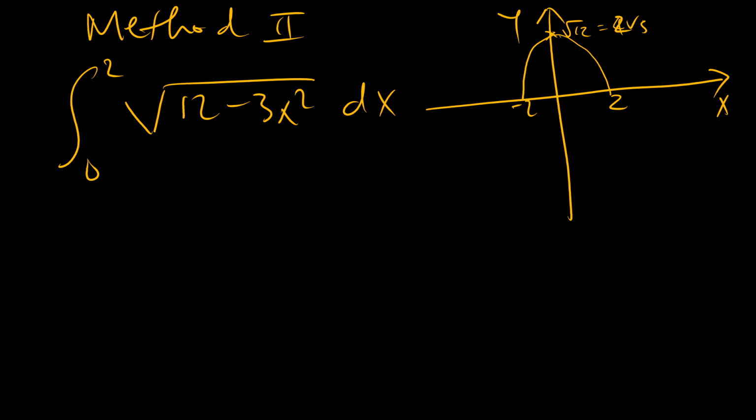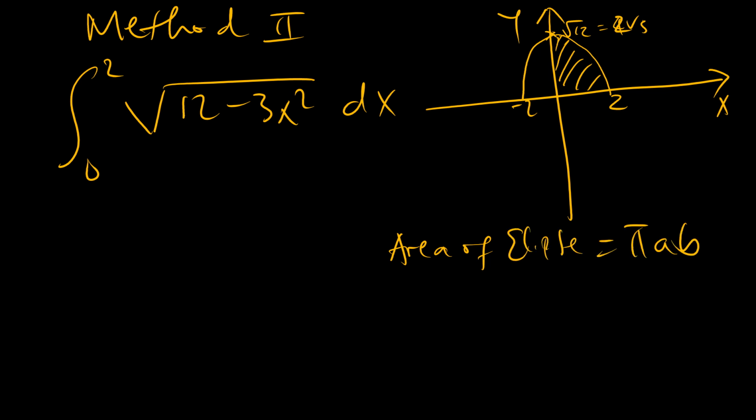So it's more of an ellipse, but because our integral is only a quarter of the ellipse, and we know the area of an ellipse to be equal to pi AB, and we see A is 2, B is 2 root 3, so we have pi times 2 times 2 root 3, which is 4 root 3 pi.